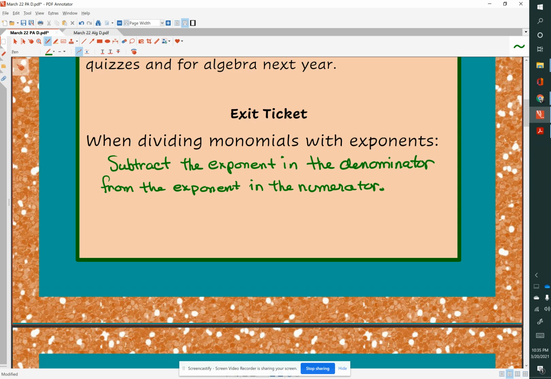Okay, if the exponent is negative, it belongs in the denominator with a positive exponent. So if the exponent is negative, put it in the denominator with a positive exponent.